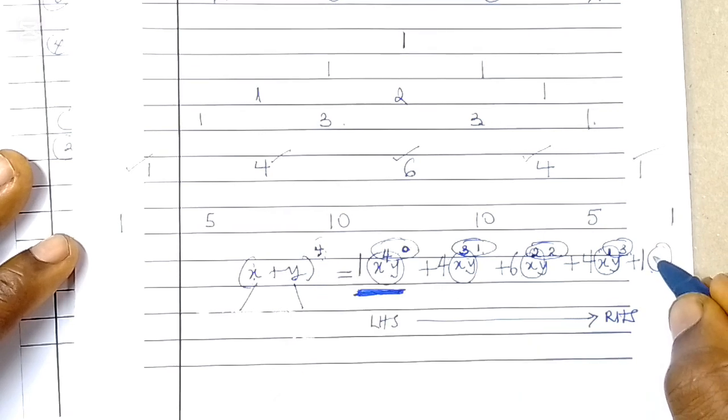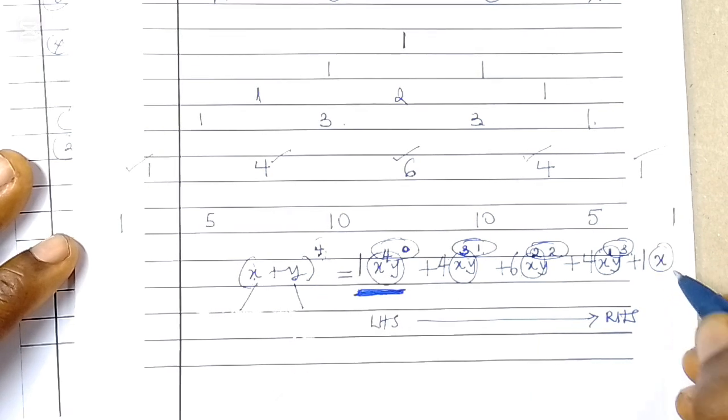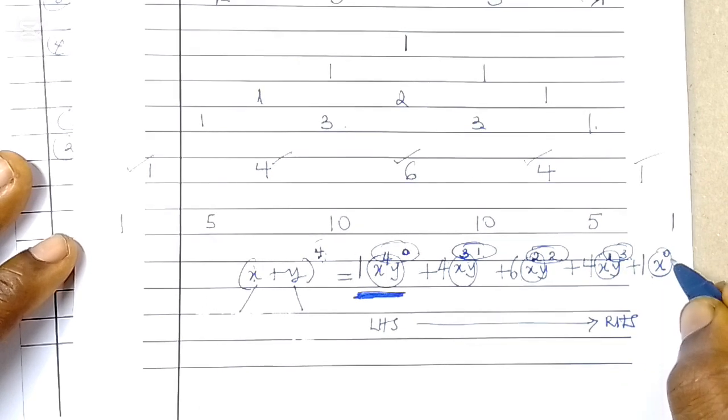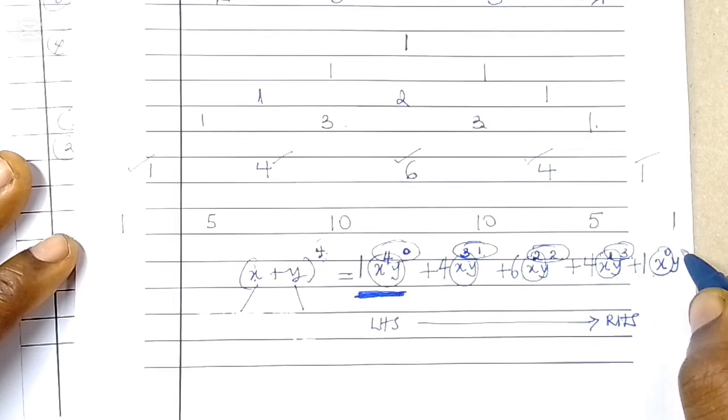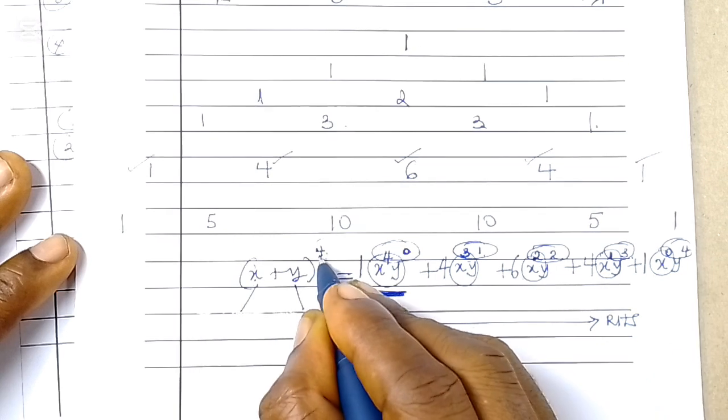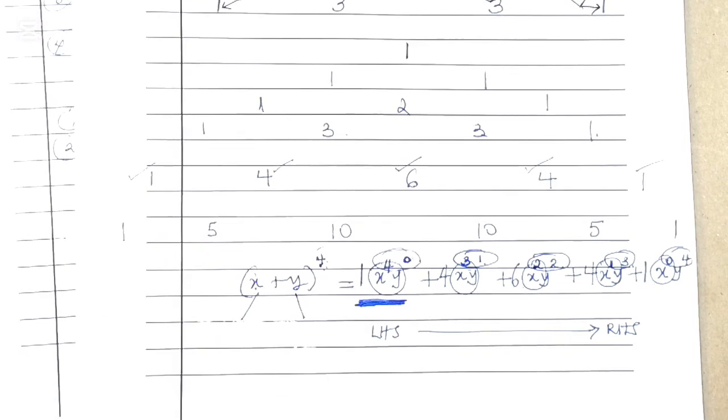So, you can now guess what x will be at this point in the last term of the expansion. It will be 0 because it will decrease by 1 again. And at this point, y would have increased by 1 from 3 to 4. Again, 0 plus 4 will give you 4. So, this requires your knowledge. It requires your adherence to rules.